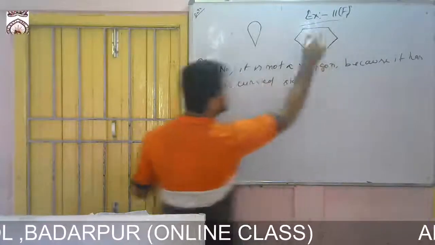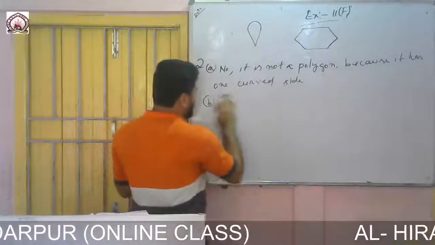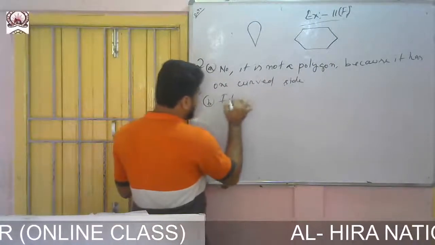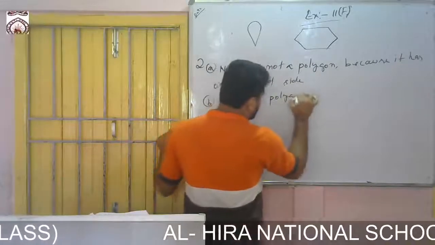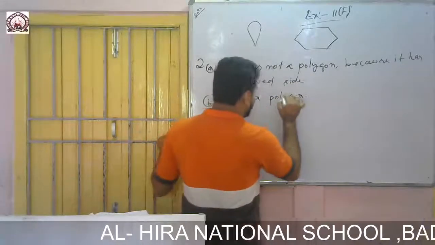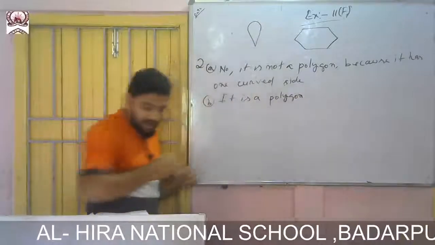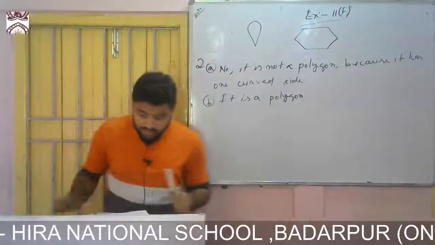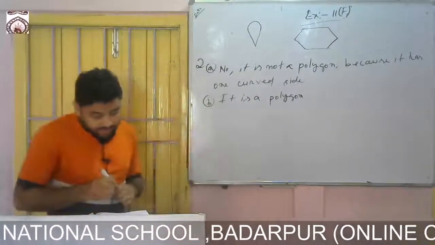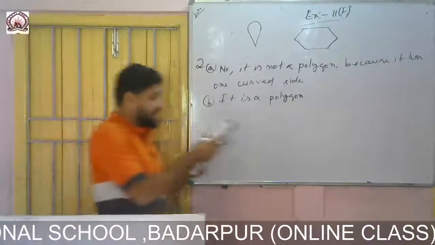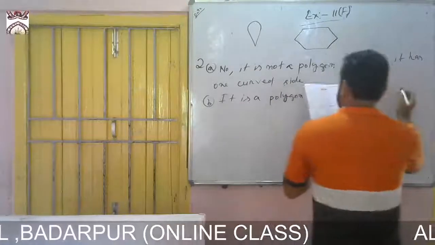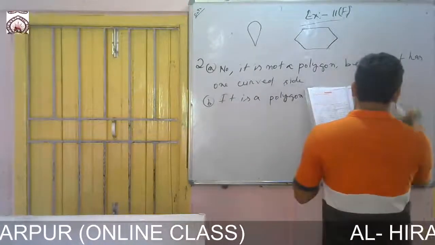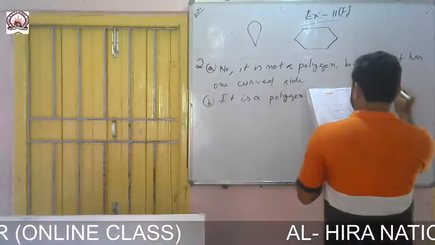All are the same, so it is a polygon. Just you write, it is a polygon. Number C, you see, it is a bit different.